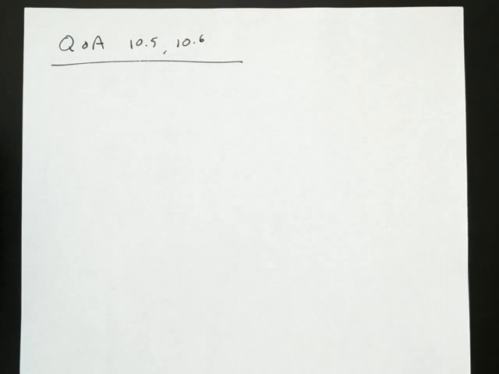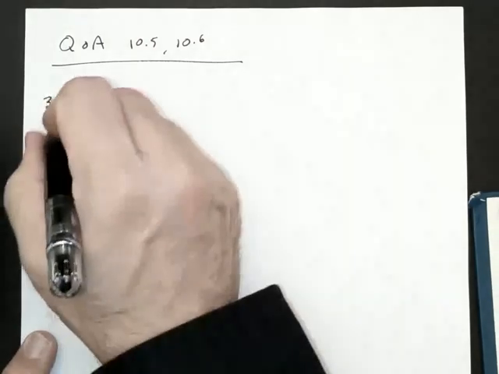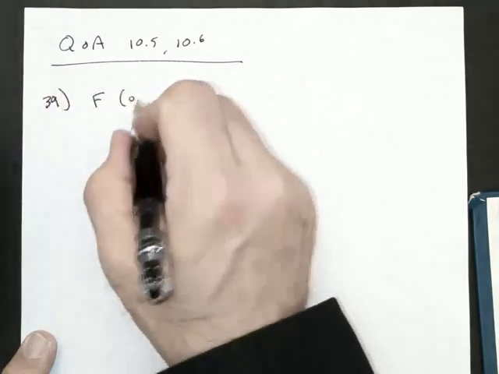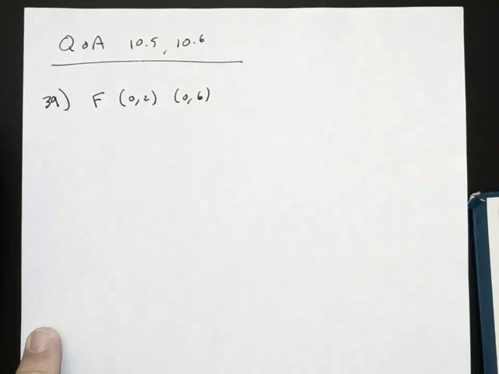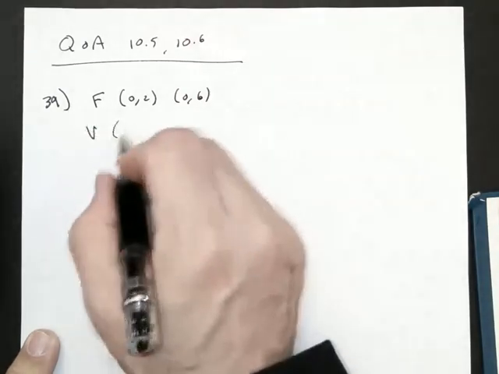Do you want to do 39 or 41 in response? So 39 says the foci are at (0,2) and (0,6), and the vertices are at (0,0) and (0,8).